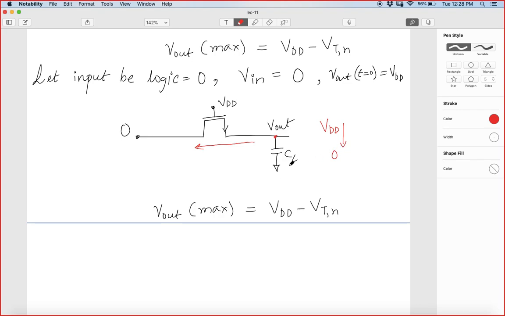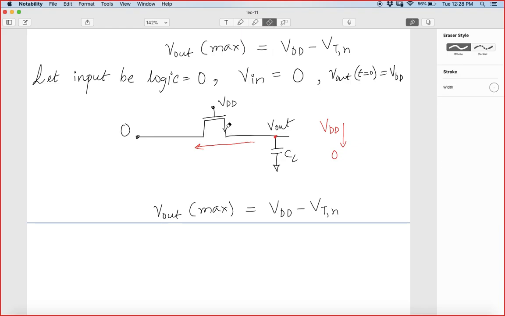It can go till 0, because we have a good amount of VGS drop. Because this potential is higher, this happens to be the drain and this happens to be the source, according to the convention.